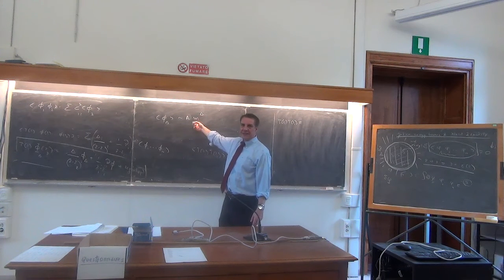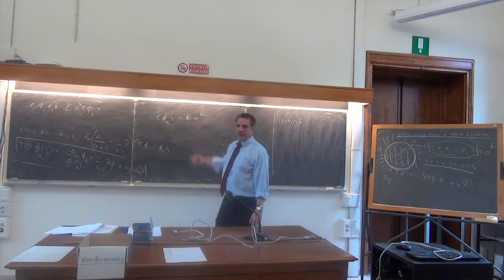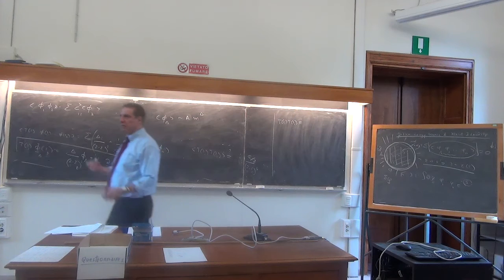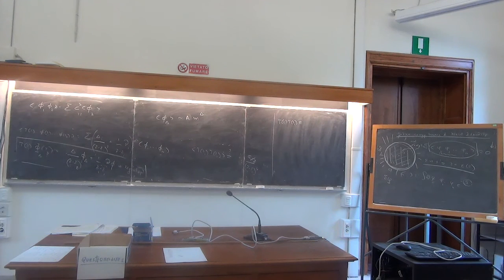My mass is 0. So there is no length in the game. The absence of a mass scale implies that all expectation values of operators which have non-zero dimension are zero. So the only one which survives is the identity. Okay? So this is the reason.